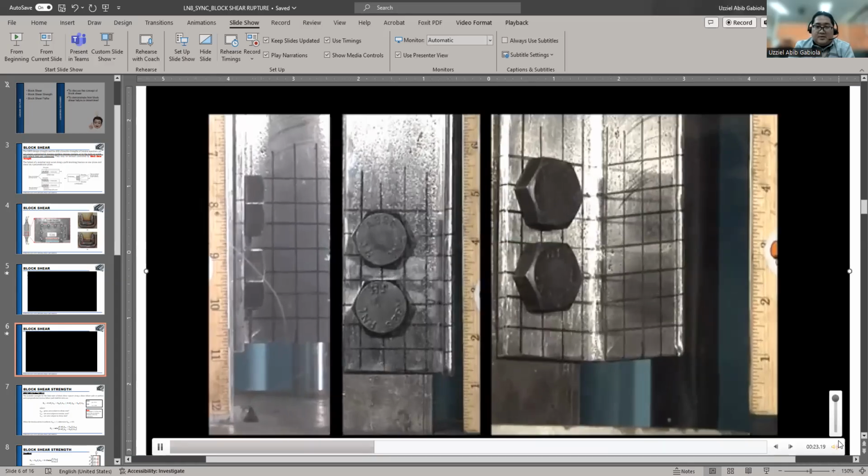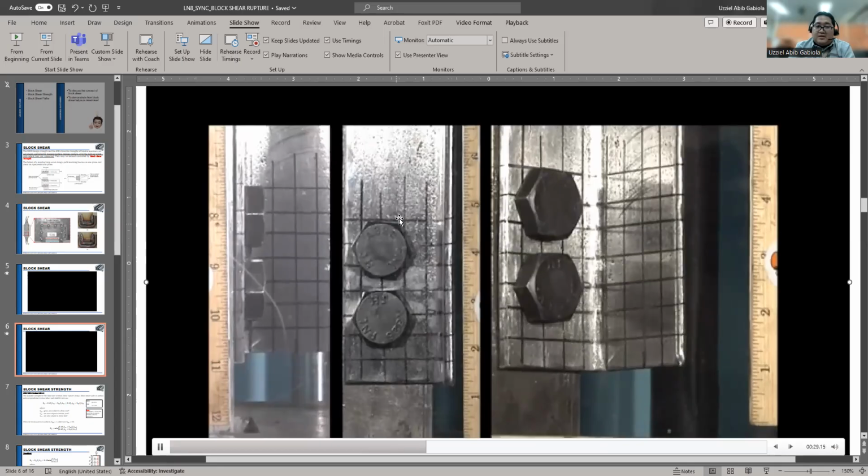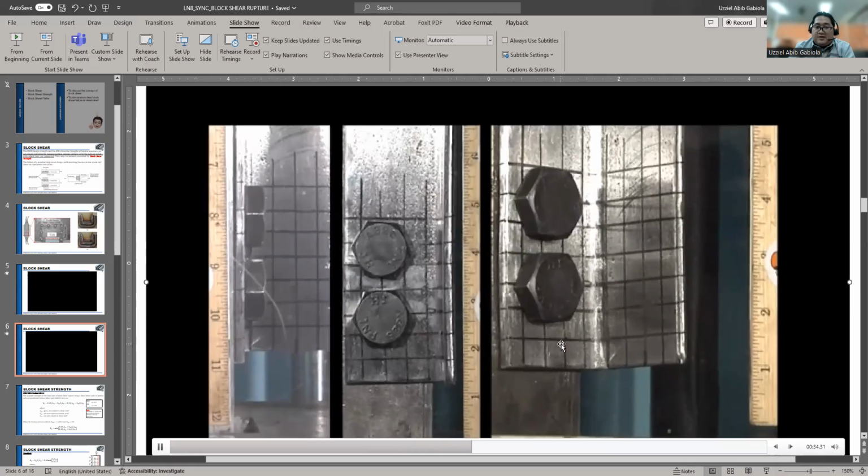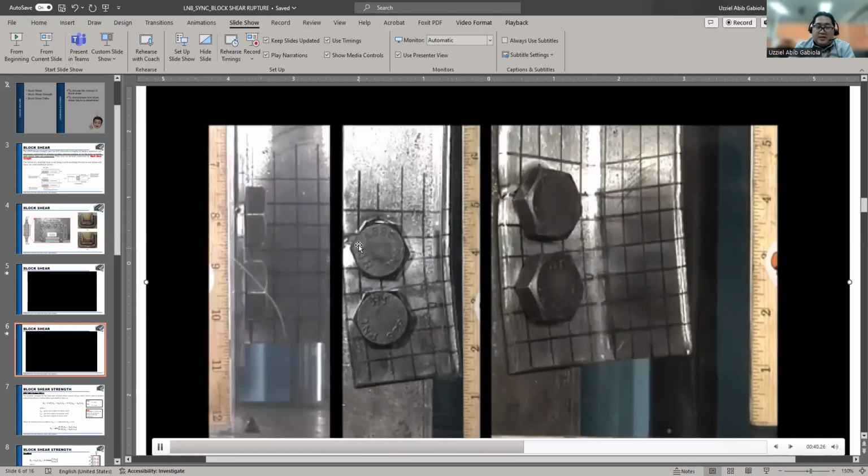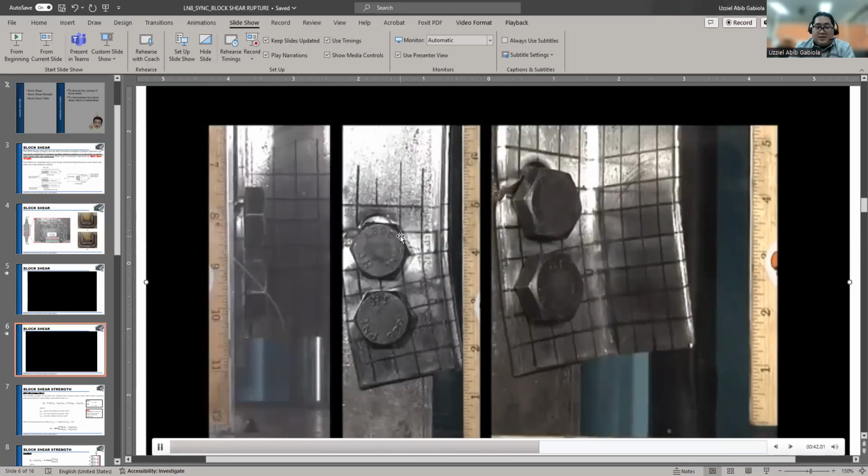Habang pinupull sa taas ng tension, nag-elongate na paunti-unti yung line natin dito. Then tingnan niyo yung failure, kung ano nangyayari doon sa failure niya. Tumataas na ito, napunit na siya ng horizontal o perpendicular doon sa loading.